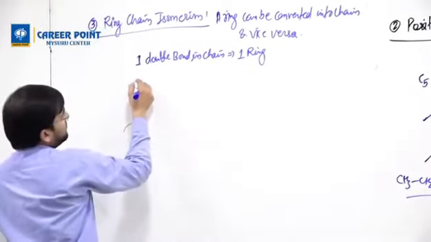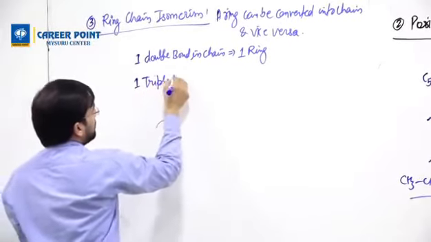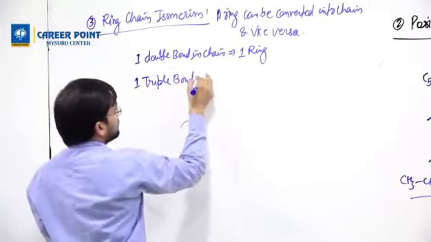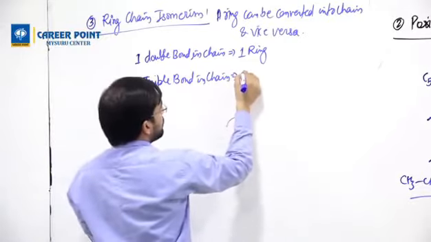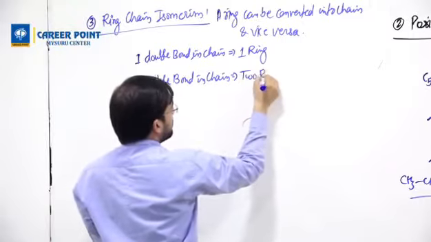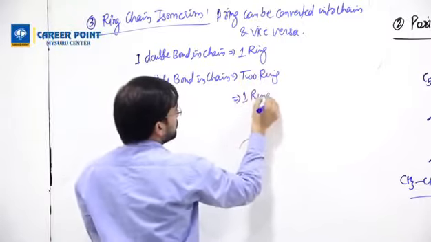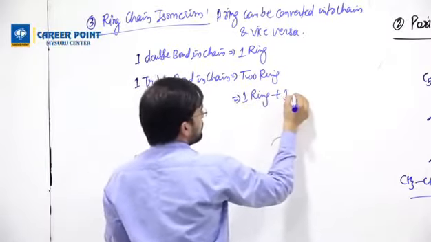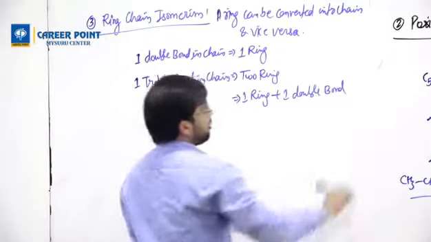And if you get one triple bond in chain, it is equal to two rings, or it is equal to one ring plus one double bond.